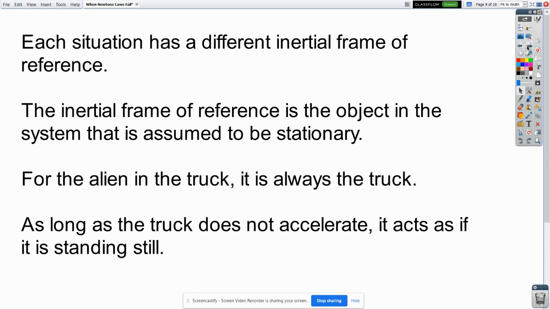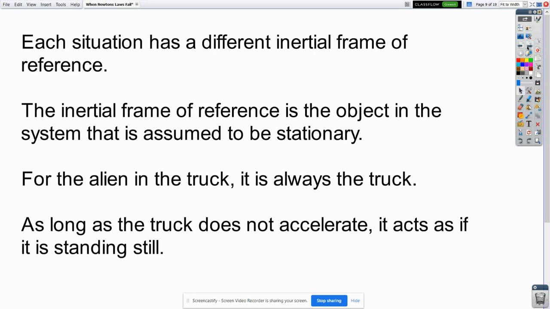What each situation has that is different is a different inertial frame of reference. The inertial frame of reference is some perceived stationary object. It's either something that's truly stationary or something that's moving at a constant velocity, but is perceived as being stationary. It's assumed to be stationary, and the motion of that object is judged against that inertial frame of reference.